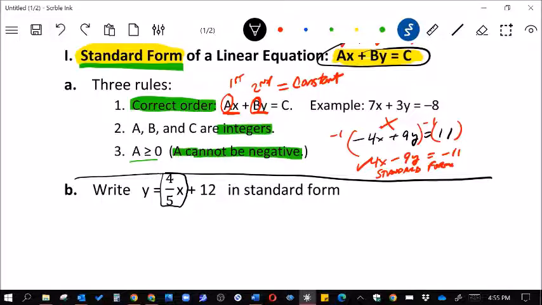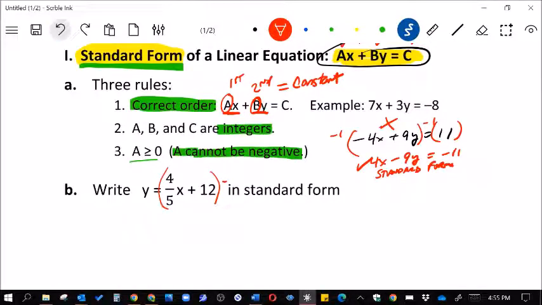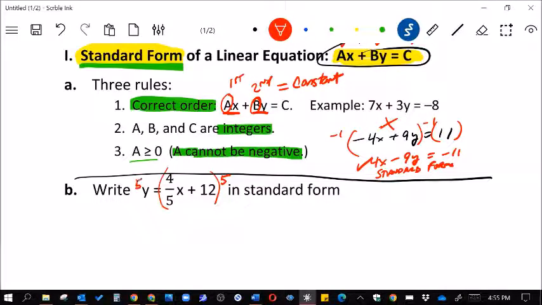In my opinion, it's easiest to first multiply both sides by the denominator to get rid of it. So I'm going to multiply both sides by 5. That means we're going to have 5y is equal to 4x plus 60. Notice that the 5 is multiplied to both things here. That's important not to forget.